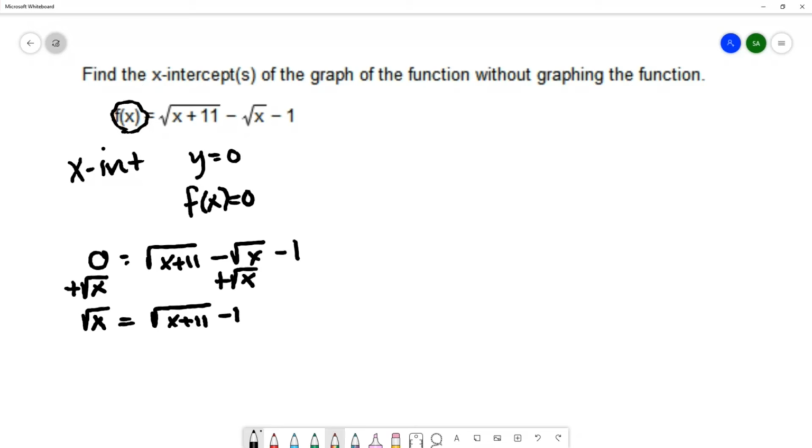So now I have this radical, square root of x, isolated on one side of the equation. Once you have it isolated, then you're going to get rid of it. So the way you get rid of a square root is to square. I'm going to square the left, and whatever you do to one side, you have to do the same thing to the other side.